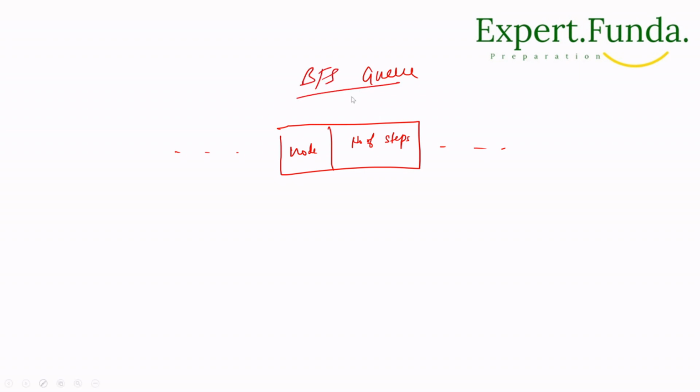This BFS queue will be an integer triplet, right?